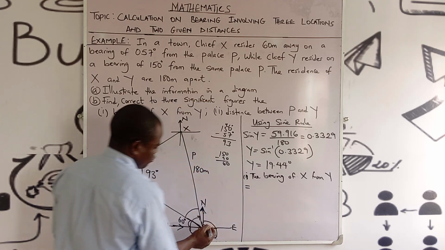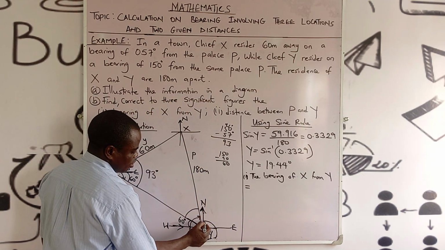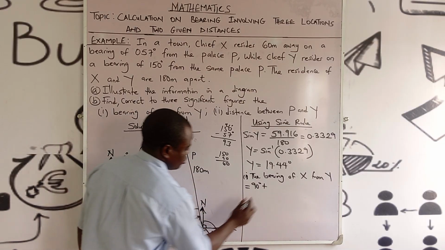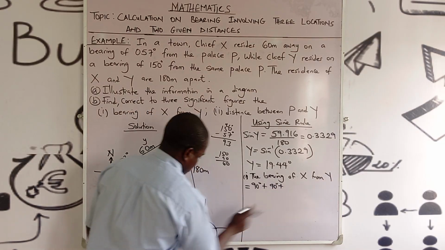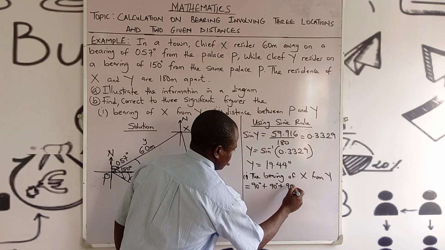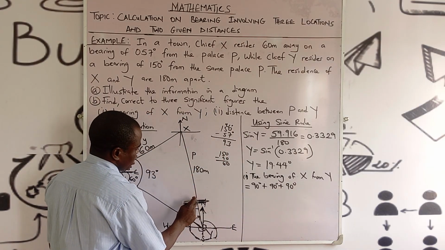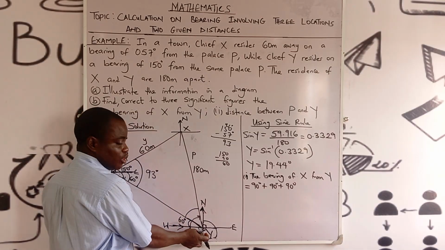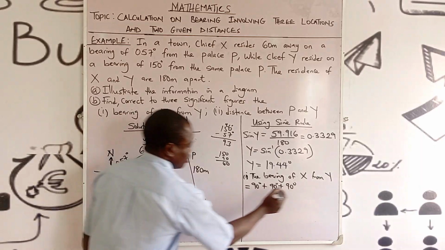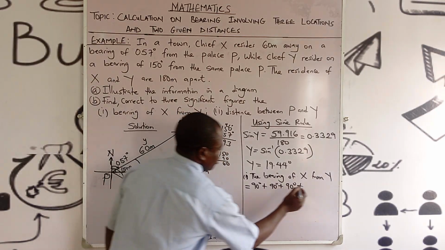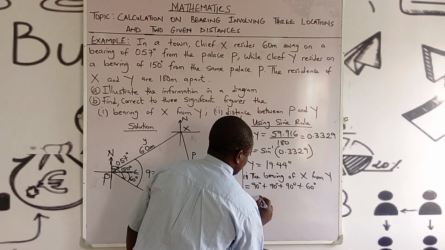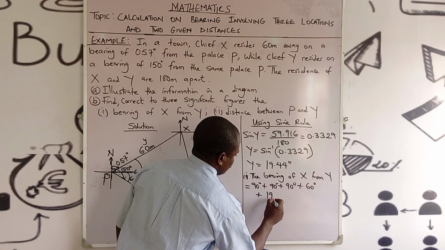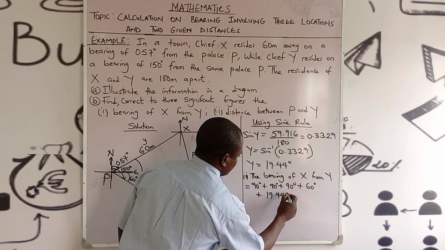We take our reading from the north, that's 90 degrees, plus another 90 degrees, plus another 90 degrees. What it takes to turn to get to this line going to x, that's what we mean by the bearing of x from y. Plus 60 degrees plus this angle we got, which is 19.44 degrees.